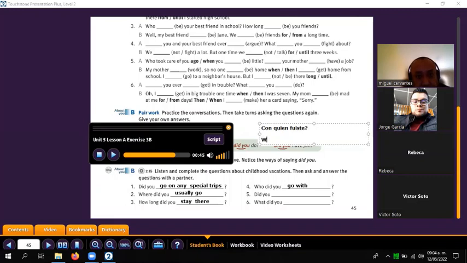So, who did you go with? So the with is at the end in English. For example, what are you waiting for? ¿Qué estás esperando? O ¿para quién trabajas? Se dice, por ejemplo, ¿para quién trabajas?